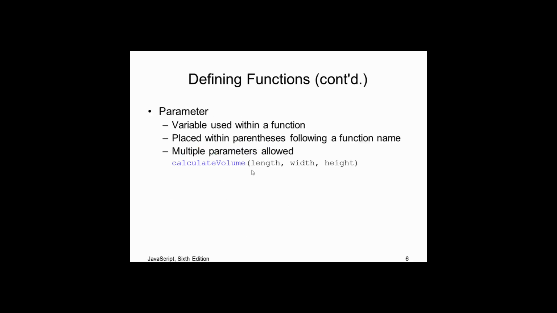For example here, in this method called calculate volume, they have 3 parameters: length, width, and height. Okay. Now here's something to notice. These are declaring parameters, right?